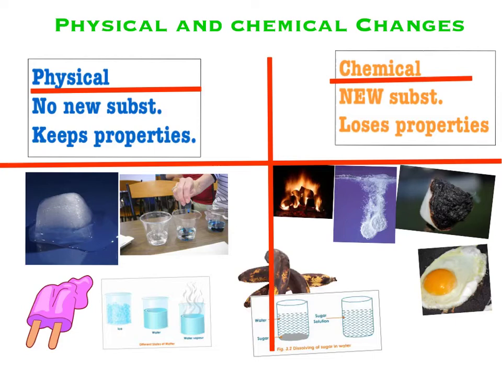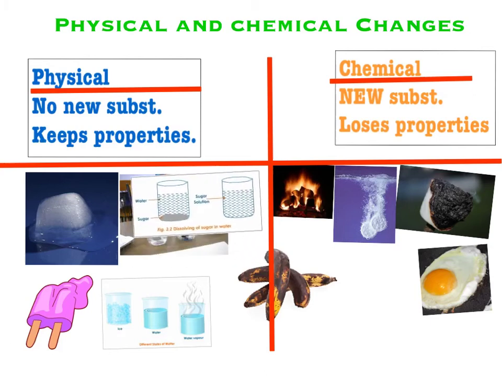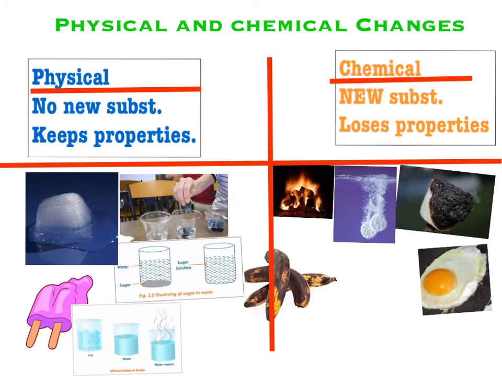We move to the states of matter in this example. As I go from ice as a solid to water as a liquid to vapor, although I changed and possibly changed size, I did not lose any properties of the water. It is still water. Next, I have sugar dissolving. Sugar dissolving in this example shows that the sugar goes into the water and it makes a solution of sugar water.